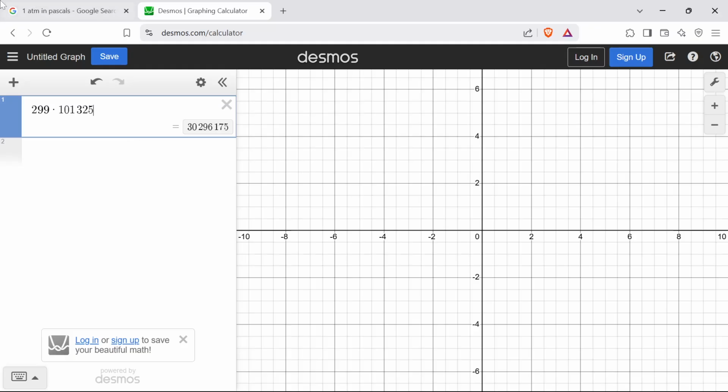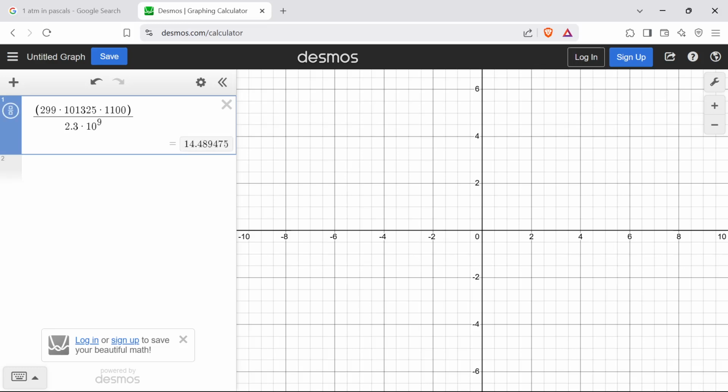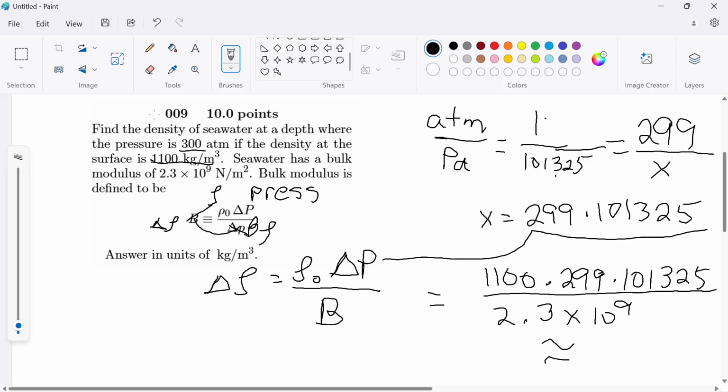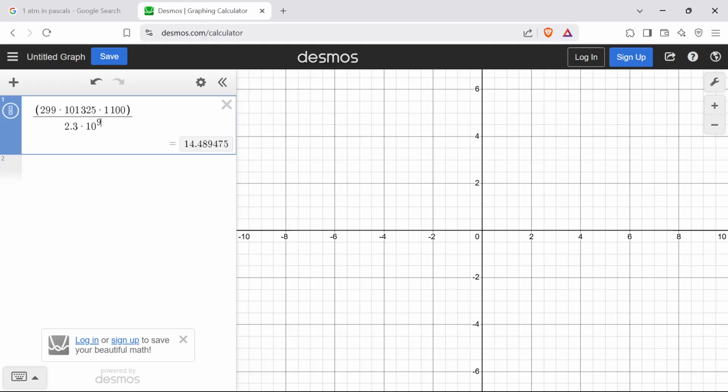I can multiply this times 1,100 and then divide the whole thing by 2.3 times 10 to the 9th. And it comes out to approximately 14.489.